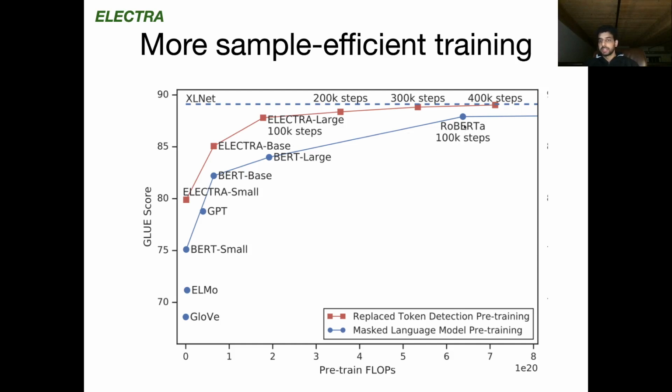RoBERTa with 100,000 steps takes a lot of FLOPs. Electra large is far more efficient, and it reaches a similar or maybe even slightly higher average GLUE score. So Electra, very sample efficient and taking less compute, is much more feasible if you want to implement a pre-training model yourself from scratch. You should go with this route and not go with the masked language modeling like we have in BERT.